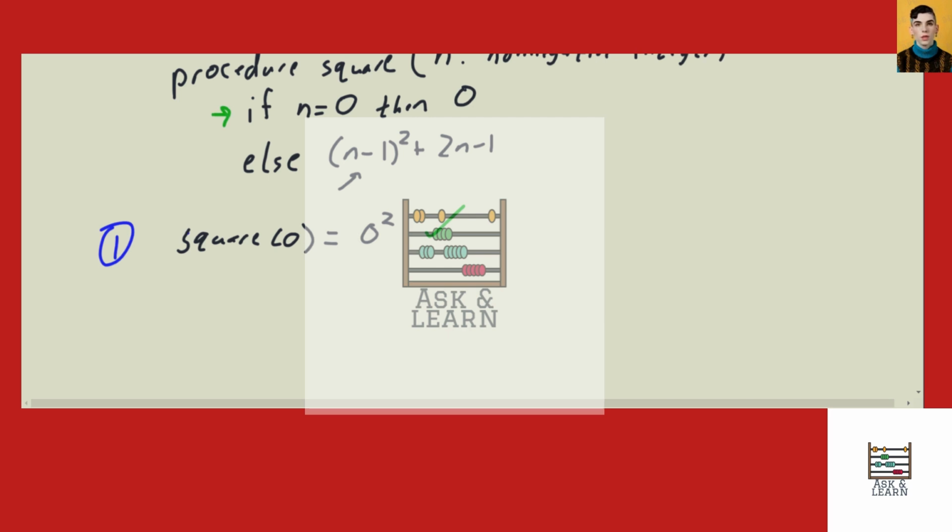All right, now for the more interesting step, the inductive step. We want to prove the following statement. If square of n, let's do, I think sometimes it's easier if we do n minus 1. If square of n minus 1 equals n minus 1 squared, then we want to start with that if part and land on this then part.